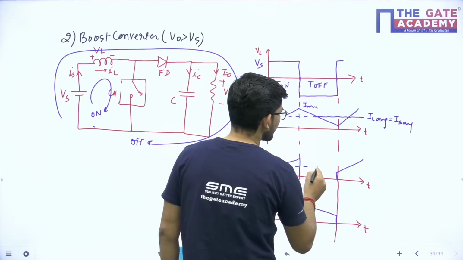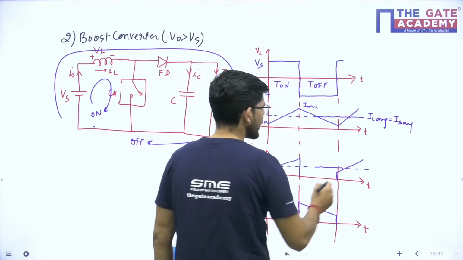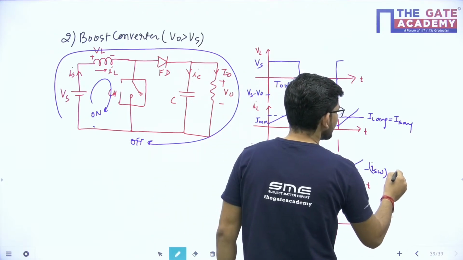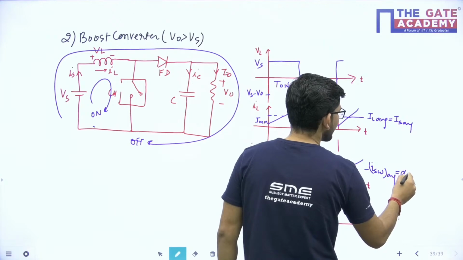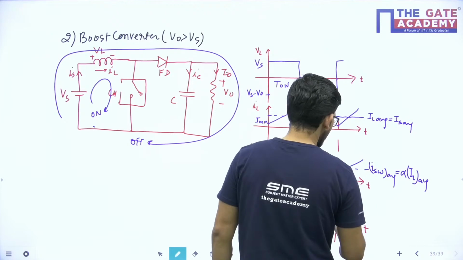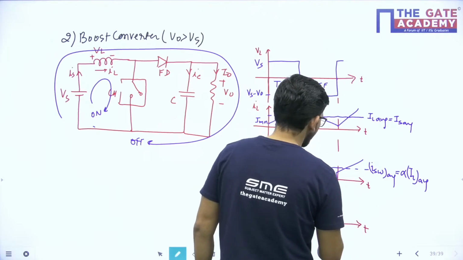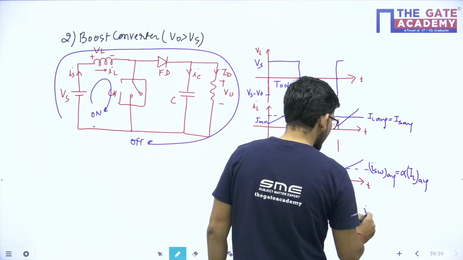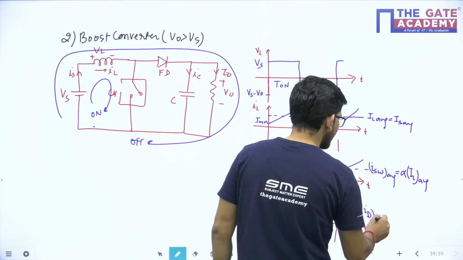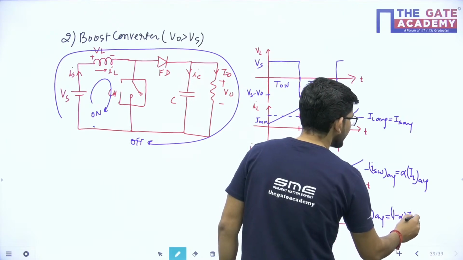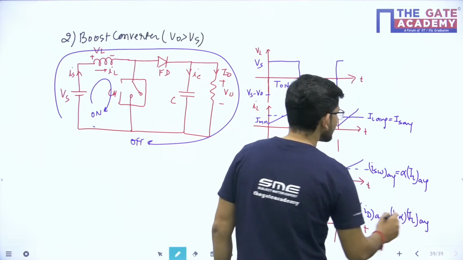So if I calculate the average value of switch current, I switch average will be equal to alpha times IL average. And if I talk about the freewheeling diode, I diode average current will be 1 minus alpha times IL average, isn't it?